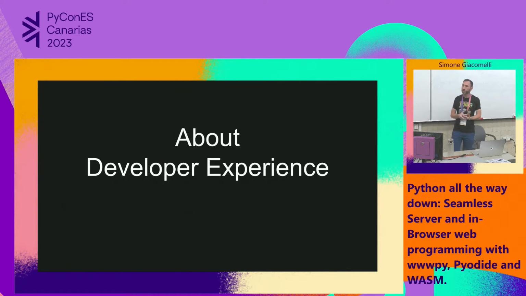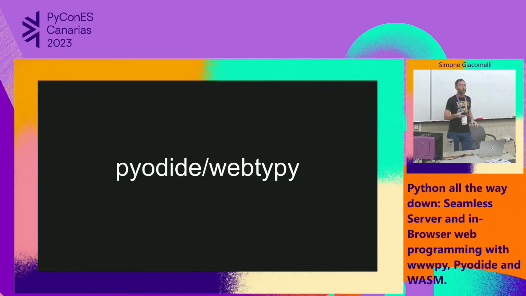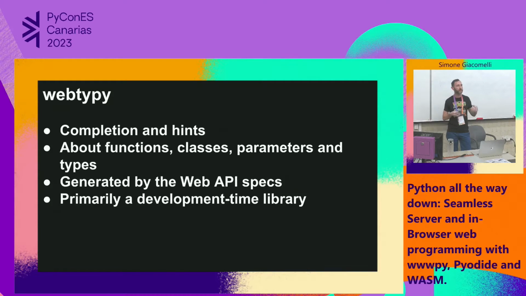For the developer experience, there are a couple of libraries that improve our developing in this context. The first one is WebAssembly. It's under the project of Pyodide. I'm the maintainer of it. And what it does is feed the knowledge of the web APIs to the IDE.